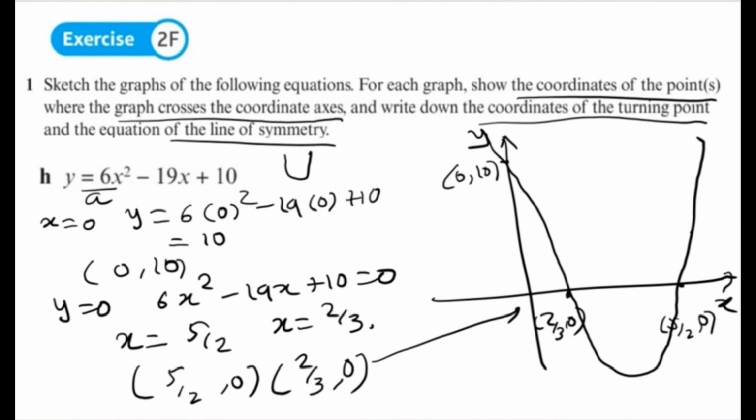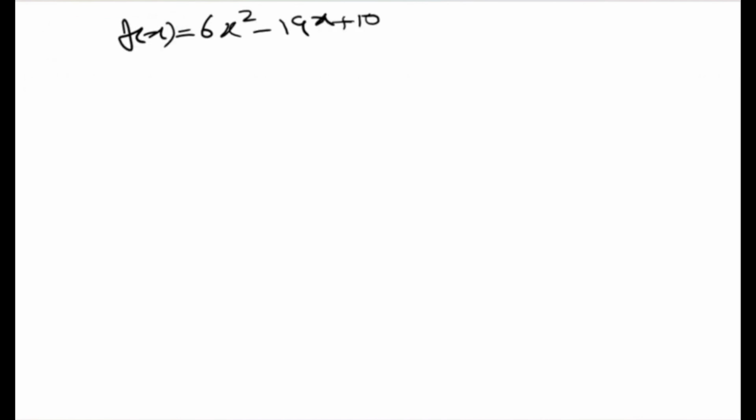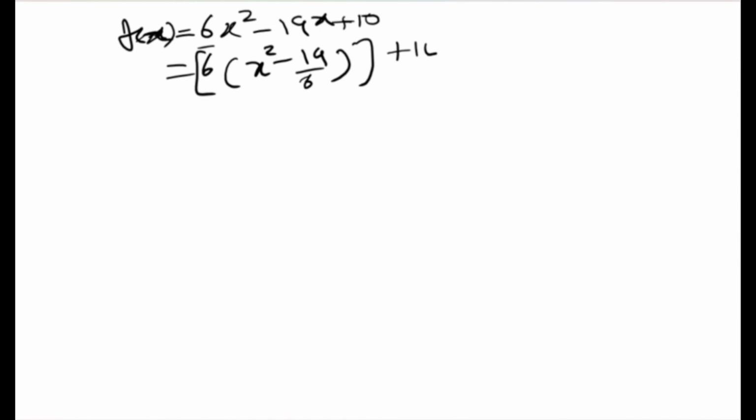So these two pieces of information we have. Now the next part is to find the turning point. To find the turning point, we have to use the completing the square method. So first we will write this function in completing square form. This is our function f of x is equal to 6x squared minus 19x plus 10. To complete the square, I have to take out this 6 first. So 6 times x squared minus 19 over 6 x, plus 10.